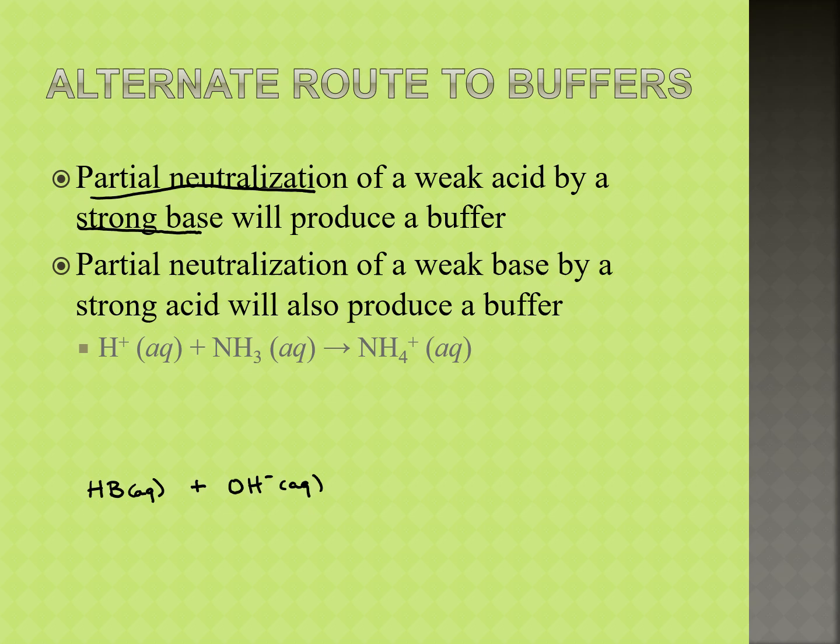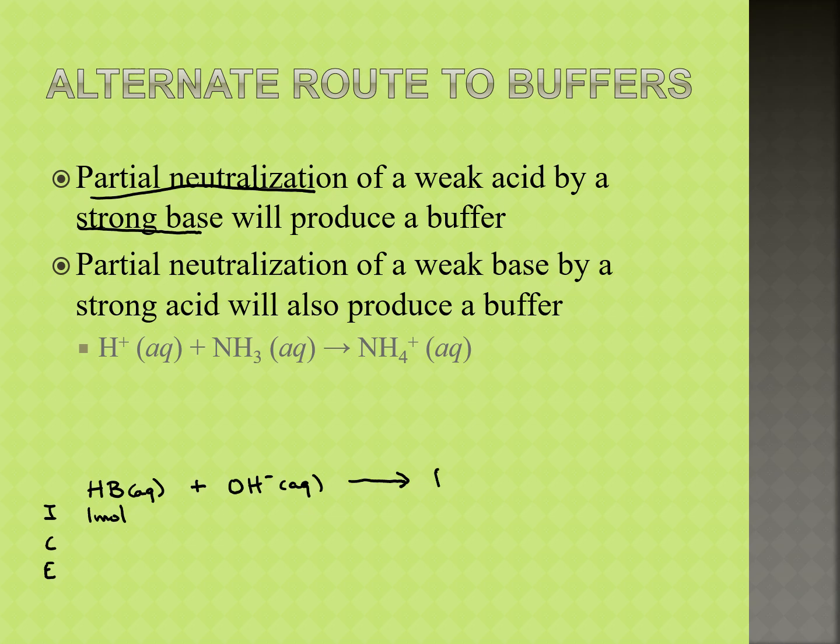What I'm saying then is, what if I had like 1 mole of HB, and I added in a strong base? These two are going to react together, and they actually react completely, which is why I have forward arrows on this slide.